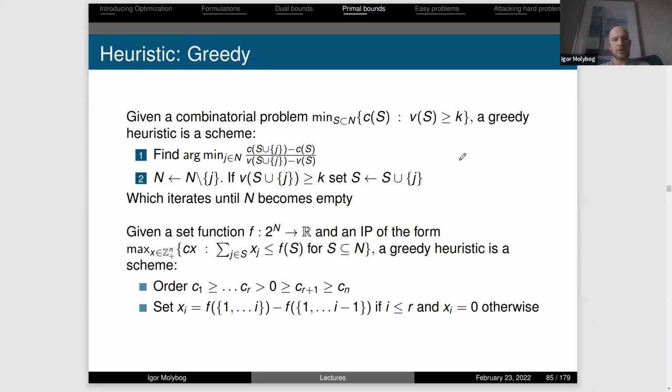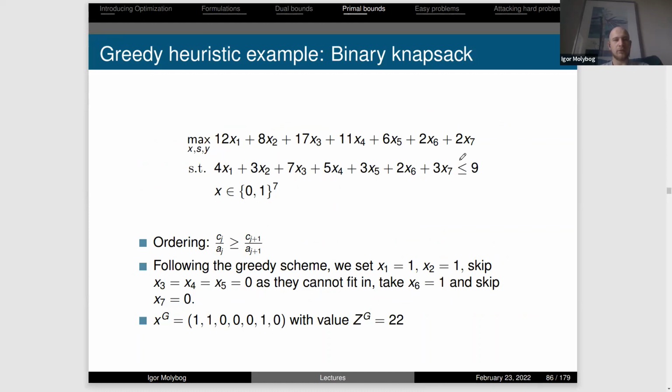A very good example of it is a greedy heuristic for a knapsack. For a knapsack, you have a single objective function, a linear objective function, and also a single constraint. So it's easy to construct a value function for each item j that is of this form, cj over aj.